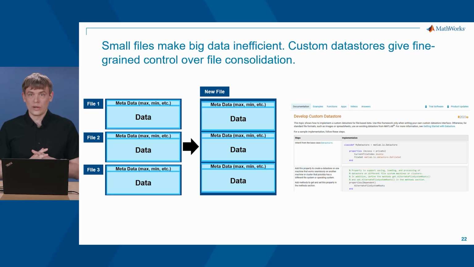This is one of those areas where every problem is unique, and it's very important to have fine-grained control over the details. So the best way to do this in MATLAB is to create your own custom datastore. We have some great documentation which walks through every part of a custom datastore, so you only need to figure out how to fill in the blanks with your custom behavior.